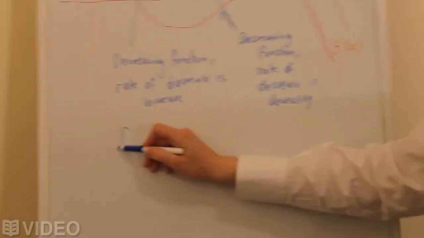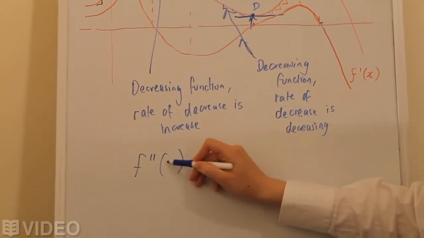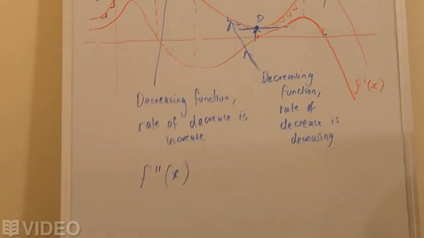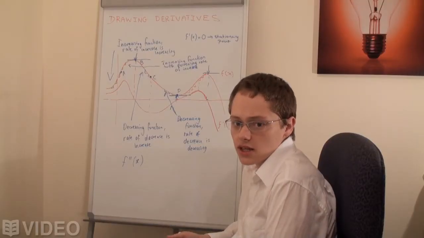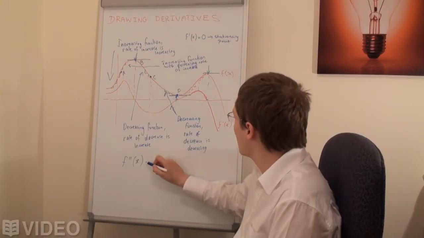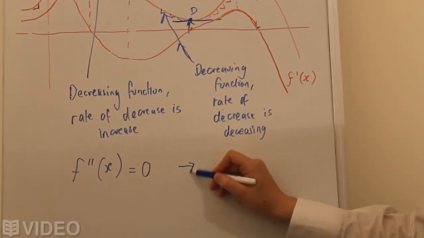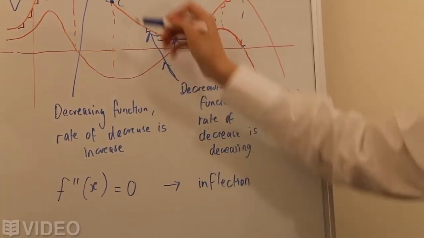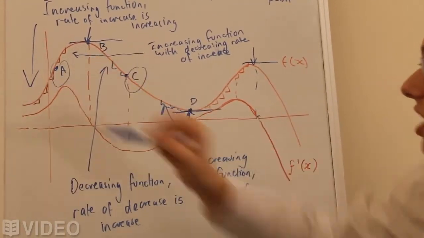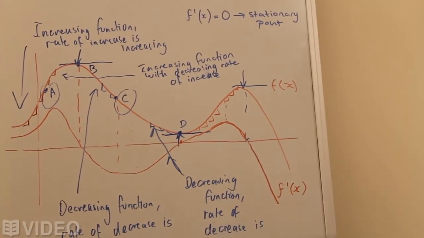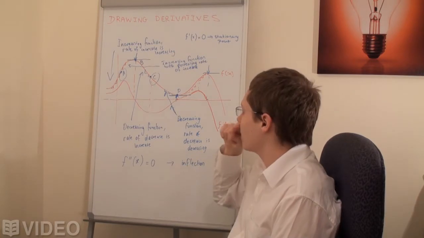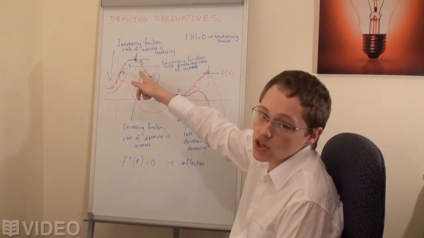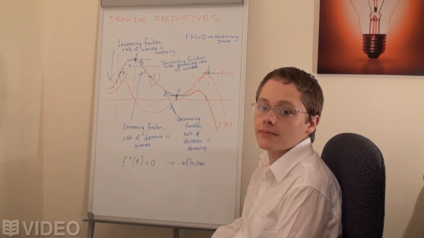But if you wanted to attempt it, the f prime prime of x, so the second derivative, again, you just need to essentially have the idea of differentiating twice, but when that's equal to 0, we have those inflection points. And the inflection points are like C and A on the diagram. They represent where the actual function, f of x, is changing from concaving to convexing.